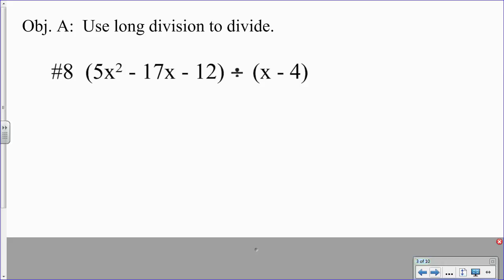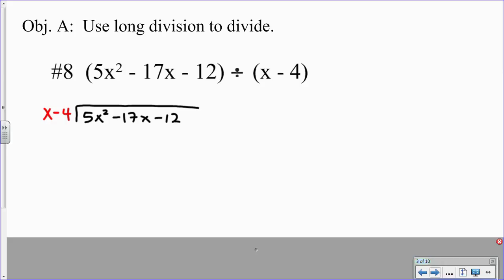Alright, so I'm going to do x minus 4 is my divisor, that's what I'm dividing by. And then what I'm dividing, my dividend, is 5x squared minus 17x minus 12. Okay.